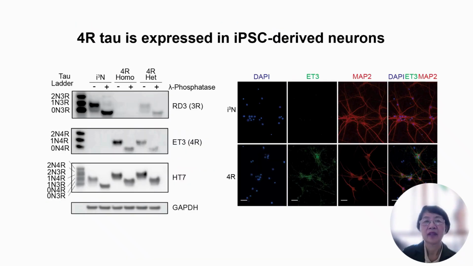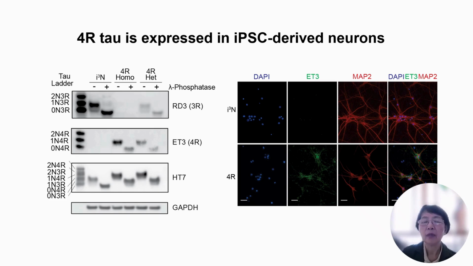We then analyzed the neurons derived from the cell lines by both Western blotting and immunocytochemistry, and confirmed a robust increase in 4R tau protein isoform in both homozygous and heterozygous 4R neurons using an ET3 antibody, which specifically recognizes 4R tau.